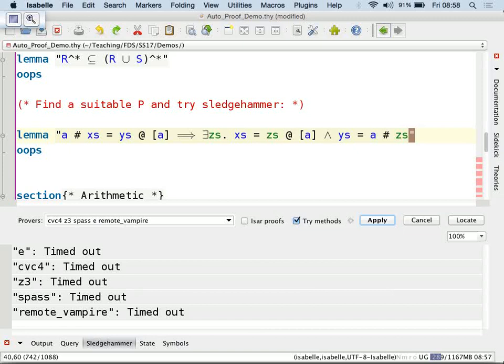Yeah, I think if they both are empty. Yes. So maybe we can put it with an implication saying they're non-empty. Or we could say either they're empty or this thing exists. Let's try that.